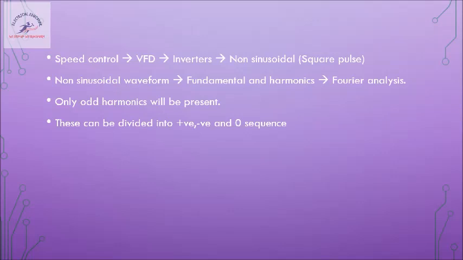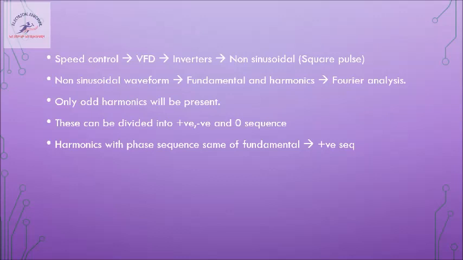If their phase sequence is opposite to that of the fundamental, we call it a negative sequence. And when all three are in phase, we call it a zero sequence. So our concern now is how to represent any harmonic as positive, negative and zero sequence, so that it will be easier for us to analyze.